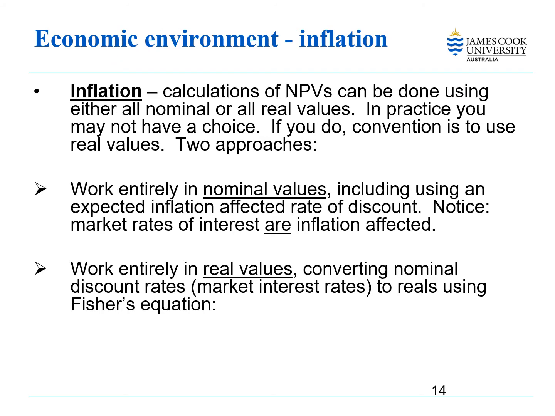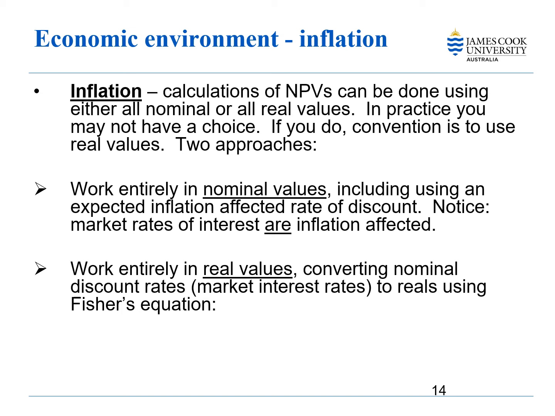Inflation. Usually a project involves many years, 20 years, 30 years. So, not surprisingly, there will be inflation over this 30-year period. How do we handle this? Calculations of NPVs can be done using either all nominal or all real values.